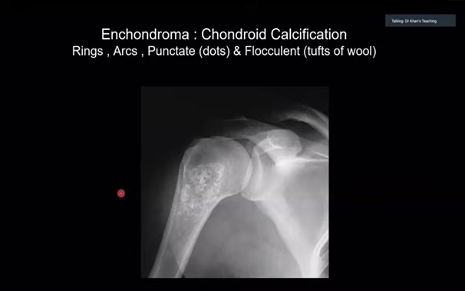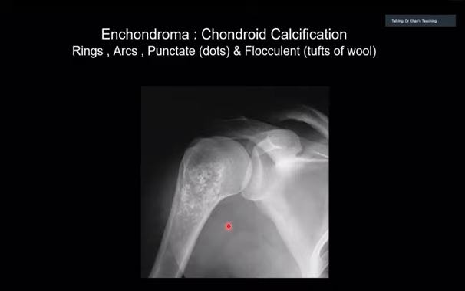This is enchondroma. Now, enchondroma, we will do it in the next session, is a benign cartilaginous tumor, 50% of which are placed in the small bones, particularly hand and feet. But others are in the other parts of the skeleton, particularly the long bones.